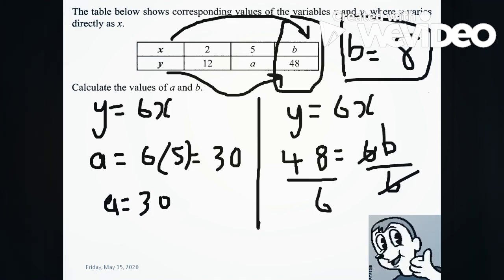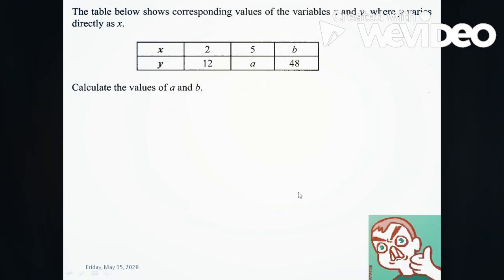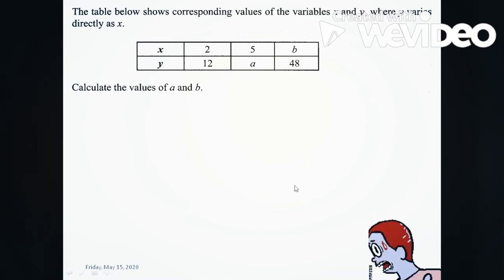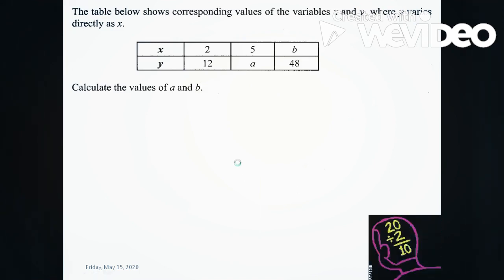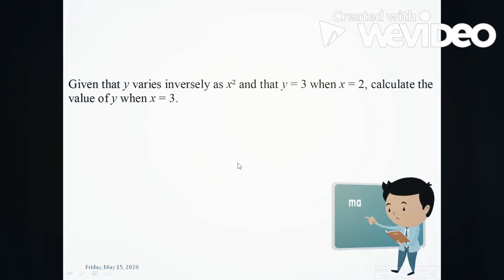Let's look at another similar question. All right, this is very similar.